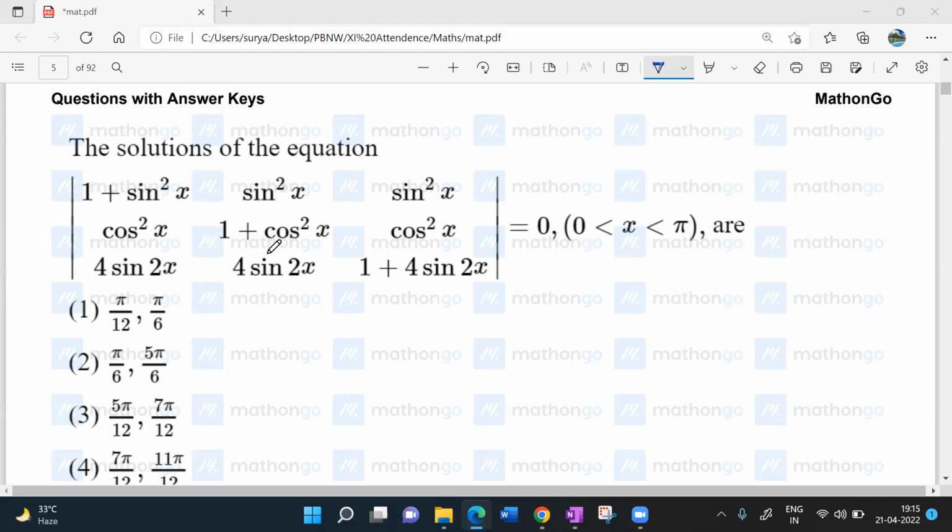What is the procedure you got? How can you go about this question? Very simple question actually. What can we do? We have to apply the elementary row operation concept here. Elementary row operation concept.